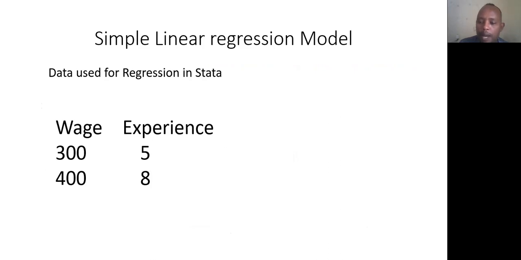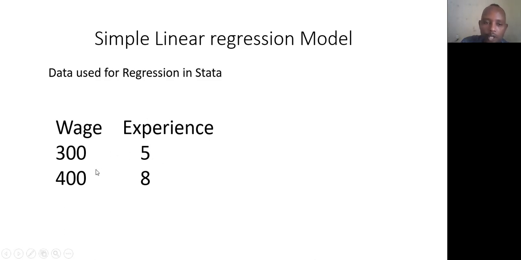Why do different companies pay different amounts of wage to their employees? For example, one factor or cause may be the experience of those employees. And we have included this experience as the independent variable here.